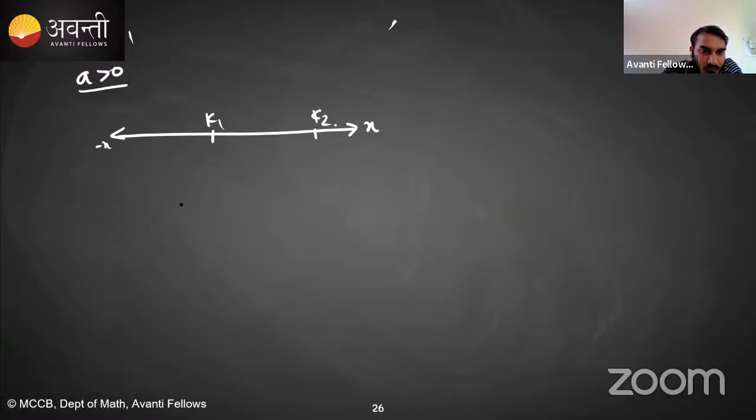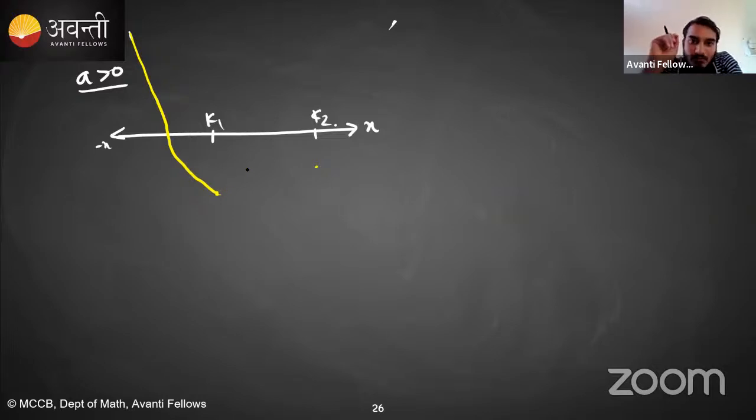Now if I'm saying that f of k1 is negative, and f of k2 is also, let's say, negative, it means the function will start from infinity and take the negative value at k1, right? So tell me, if f of k2 becomes positive, how can it become positive?